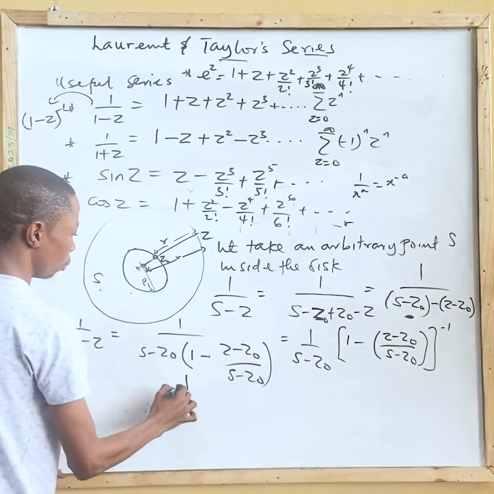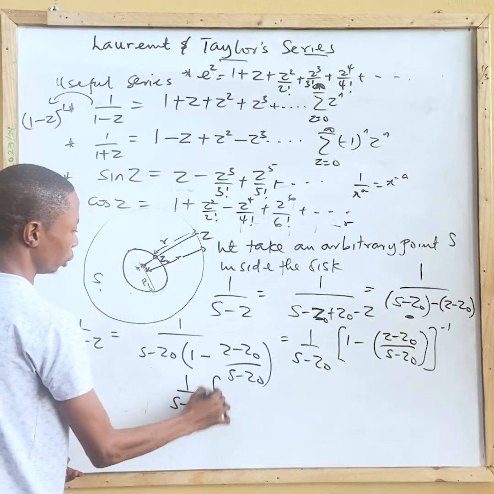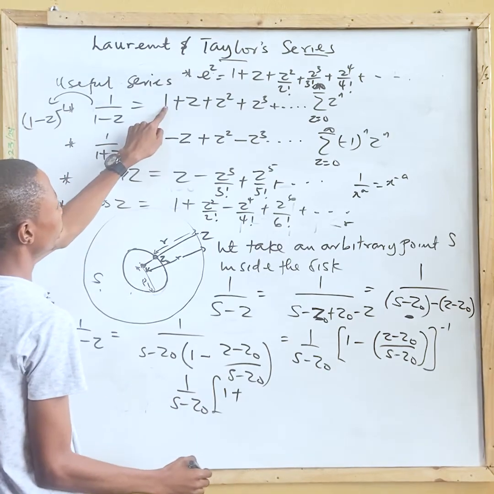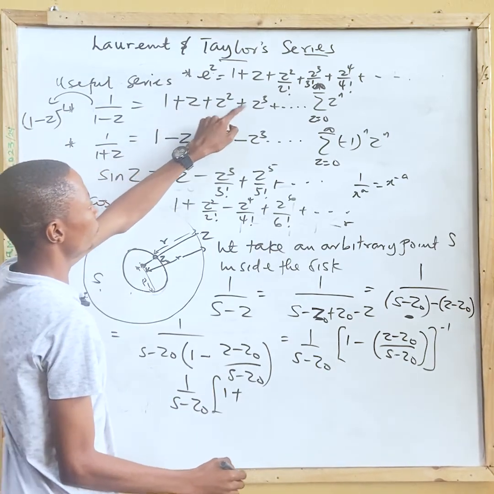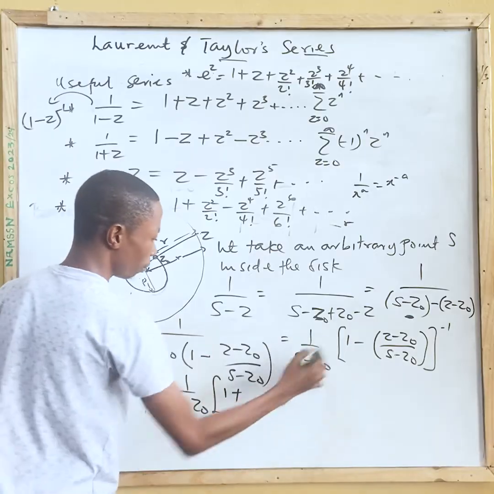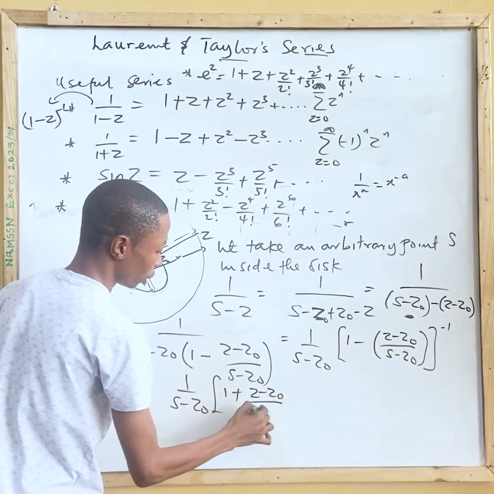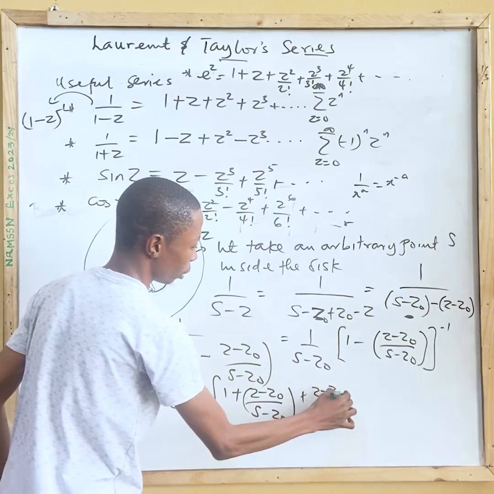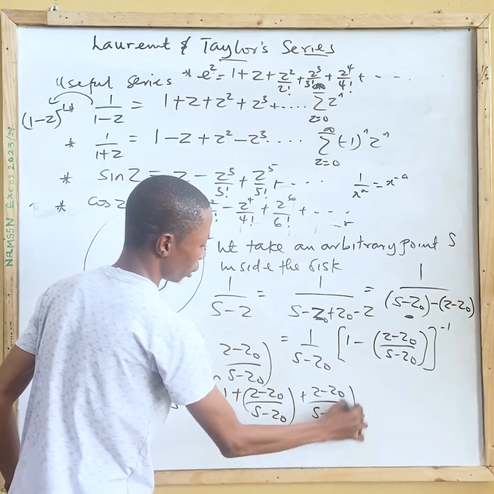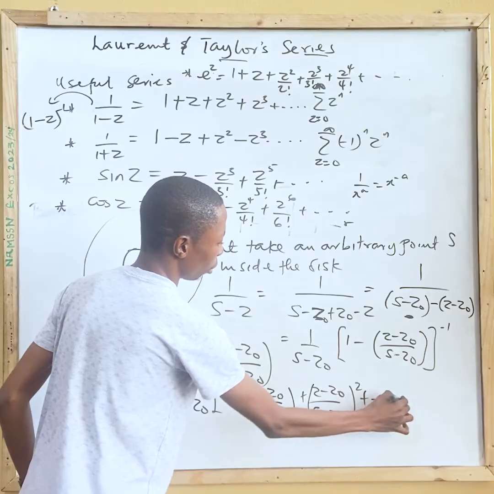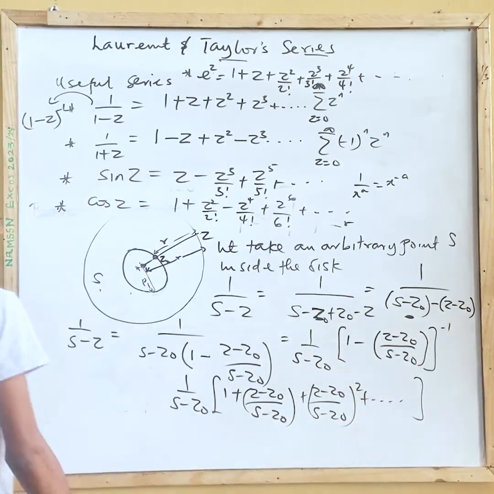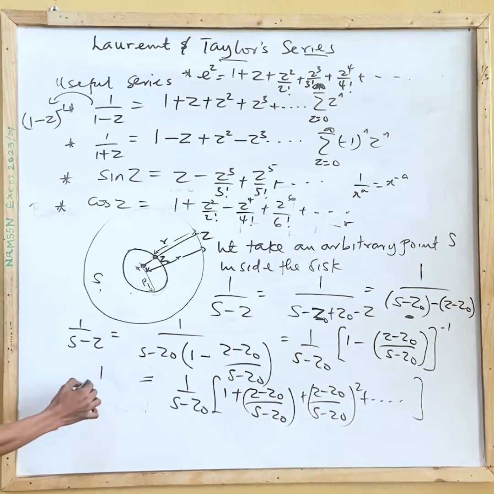So it will be 1 over s minus z naught into bracket 1 plus the function plus the square of it plus the cube of it. So this is 1 plus z minus z naught divided by s minus z naught plus z minus z naught divided by s minus z naught all squared, all cubed, and on like that. That is what? 1 over s minus z.